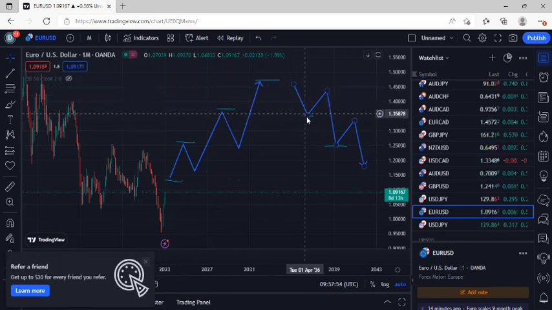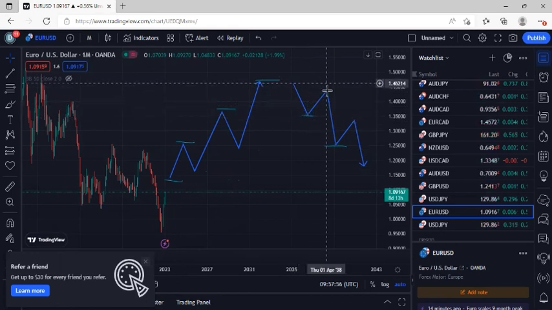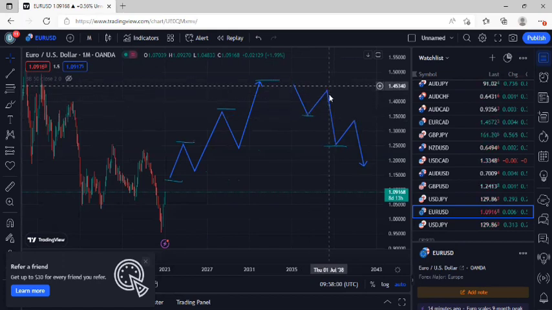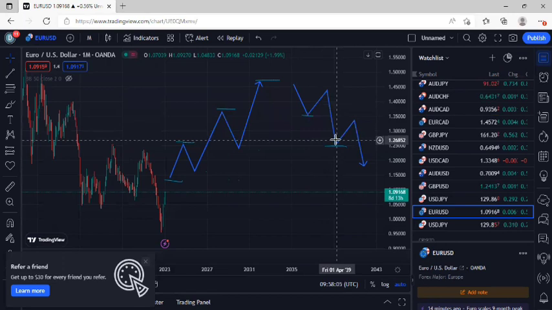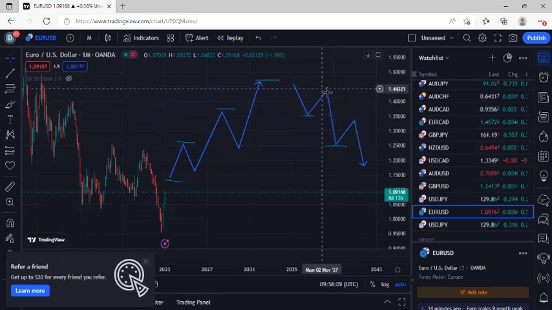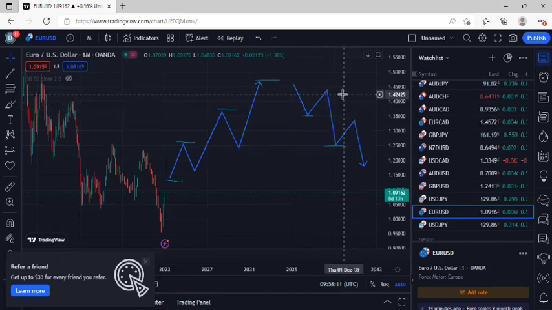As we have it now, we have a low here, a pullback, then it breaks this previous low. The moment the price breaks this previous low, then we say we have a lower low, and the market is in downtrend.